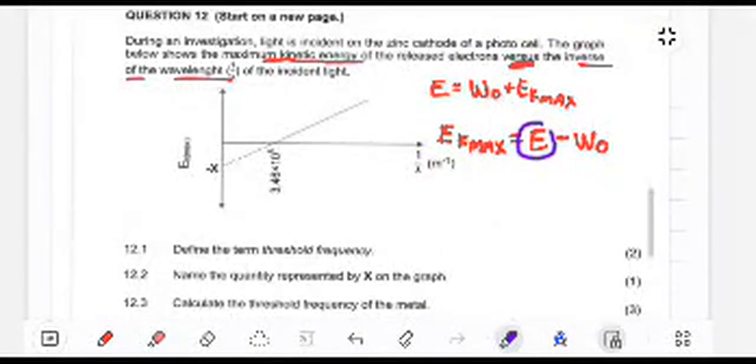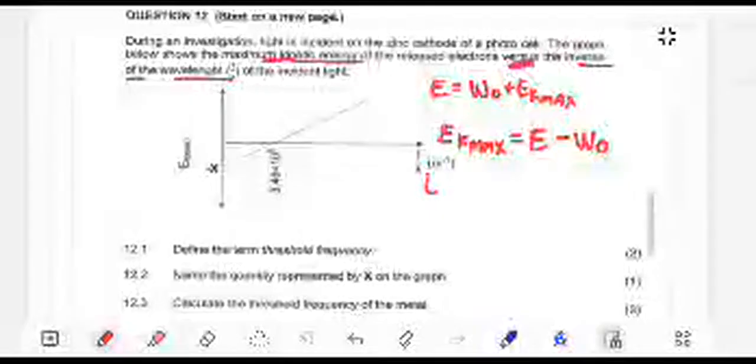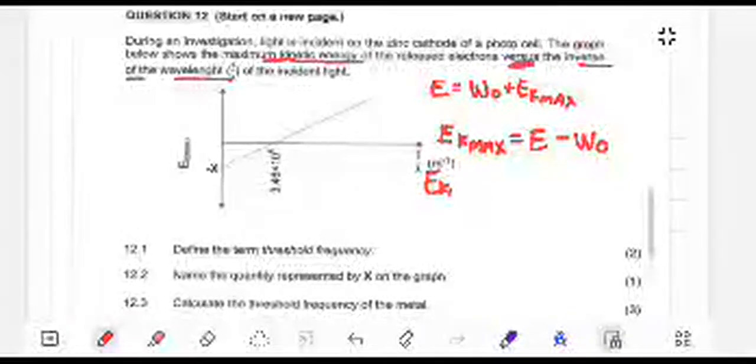It means I should change this energy to be what? 1 over lambda, so for energy and lambda, yes, you do have that equation in E.